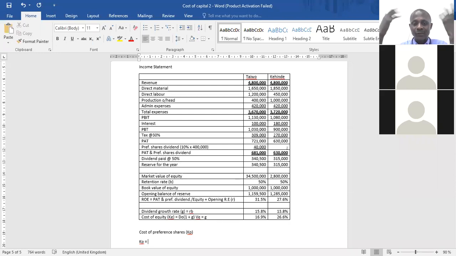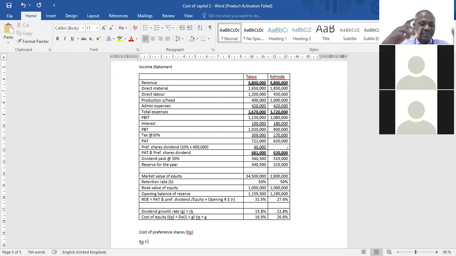That's the assumption the question asks us to make. Normally in the exam, the moment I'm told that the market value of preference share is the same as the book value, I don't need to compute the cost of preference share, because the coupon rate of the preference share will be the same as the cost.